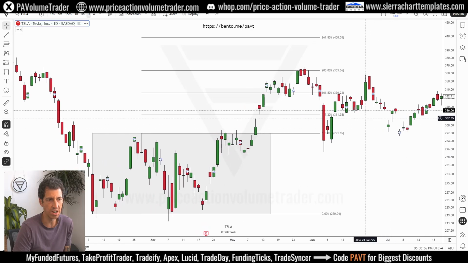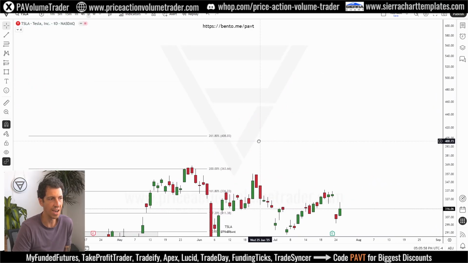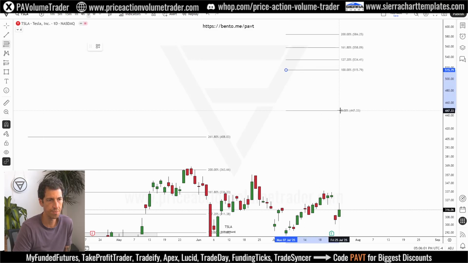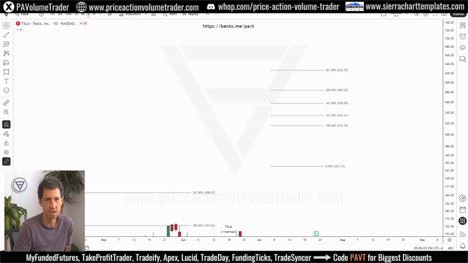For my extensions, I always have the 100 and 0 anchors, and I like to use the 127.20 extension, 161.80, which is the golden ratio, 1 deviation up, 200%, which is basically double the move that we measured, and 261.80, which would be 2 deviations of the golden ratio.